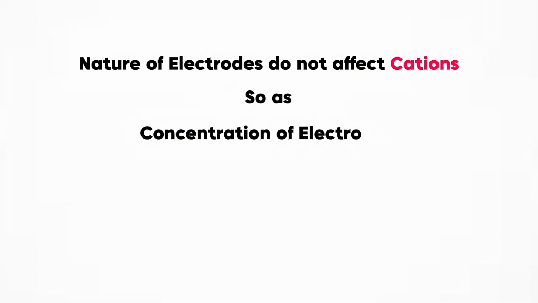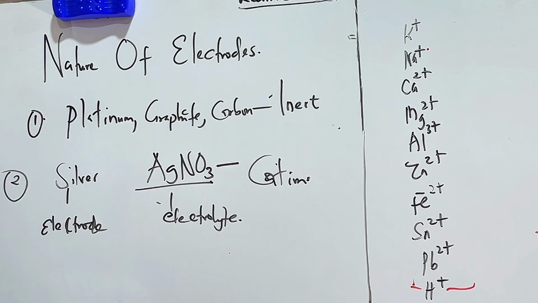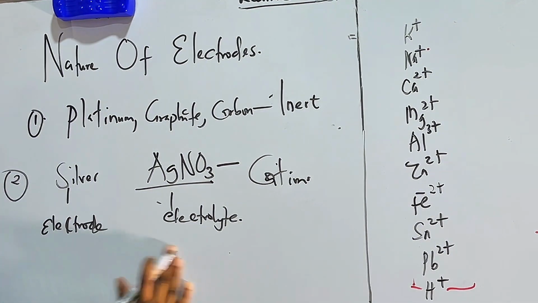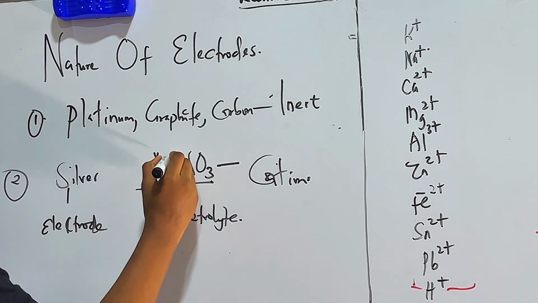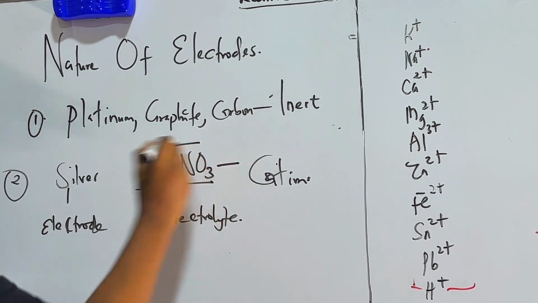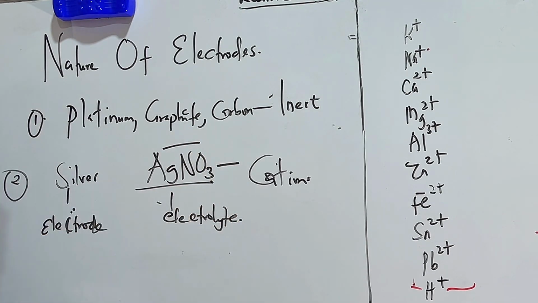is not affected. So, let's say you're talking about the electrolysis of silver chloride. Okay, sorry, we have silver trioxonitrate(V). This is the electrolyte, and we have this electrode that's a metal of the salt we are using.